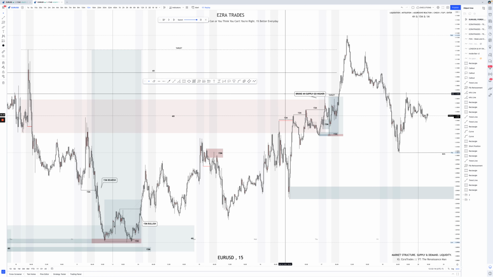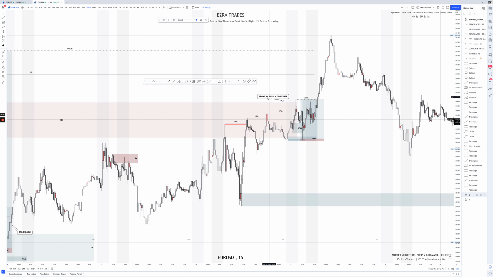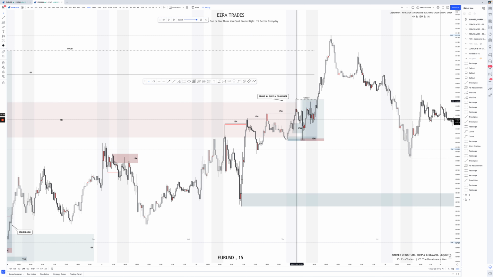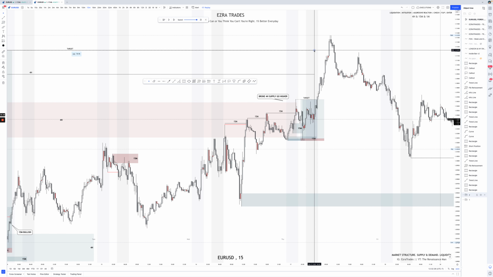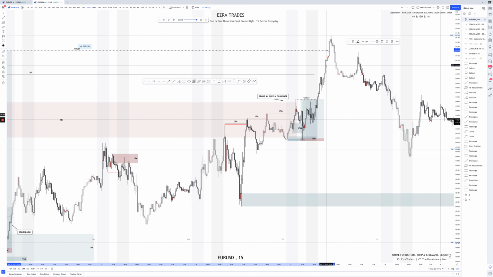We're on our way to making a new 4-hour leg. Here we can see that we actually just broke 4-hour supply, so here we just swept above it. And the expectation is we can continue higher because we're expecting this target to be a 4-hour break of structure, right? So we're expecting a 4-hour break.